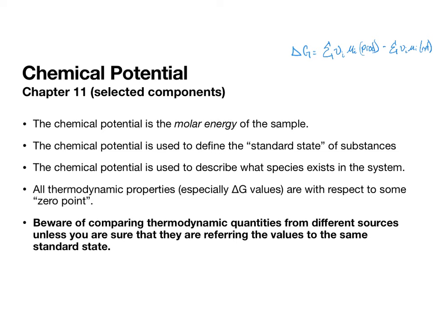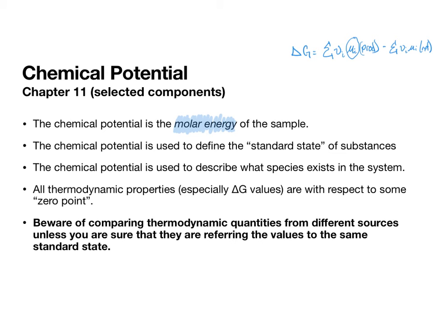That means that we have to know a little bit about this mu. This mu is the chemical potential. We keep kind of dancing around it. We've been mentioning it for lots of chapters, and we have yet to really figure out what it is. The chemical potential is the molar energy of the sample.